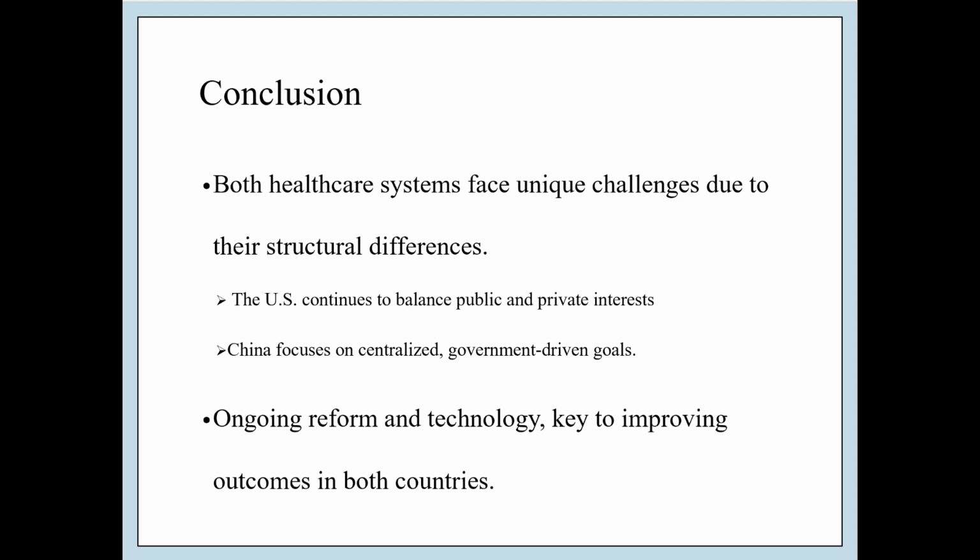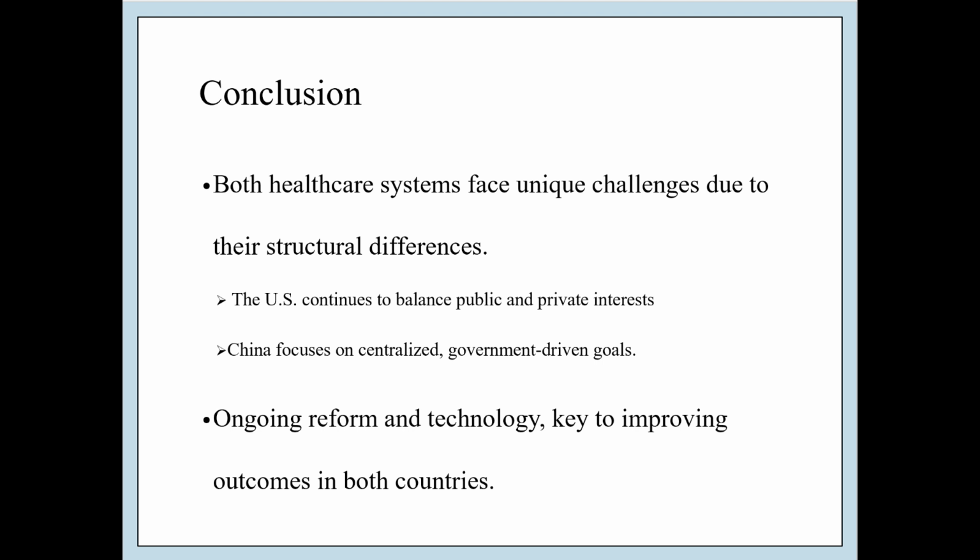On the other hand, the United States relies on a predominantly private, market-driven healthcare system where access and quality vary significantly depending on insurance coverage, leading to challenges like high costs, unequal access, and disparities in health outcomes. While China has made significant strides in expanding access to health care in recent years, the US continues to be the leader in medical innovation and technology.